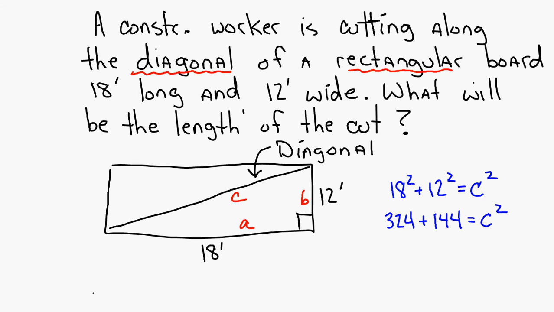So it'll tell you that 468 equals C squared. The 468 is sitting in your calculator screen right now. So if you push the square root button, 21.6 is equal to C. You're going to square root both of these.